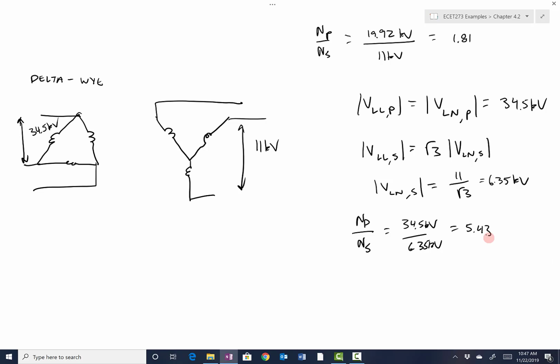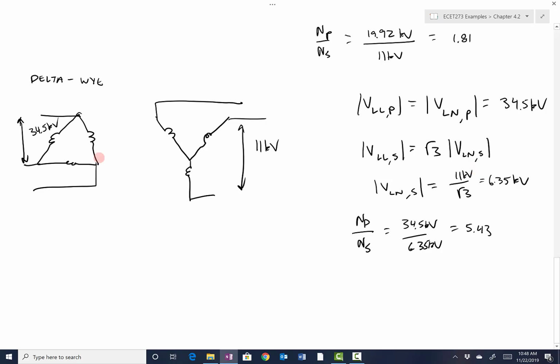So hopefully this gives you some sense about if we're creating an overall similar three-phase system where we want 34.5 kV line to line on the input and 11 kV on the output, how we'll have to choose different individual transformers depending on which one of the configurations our system is using.